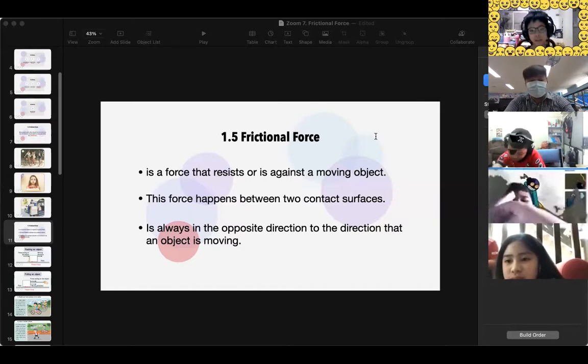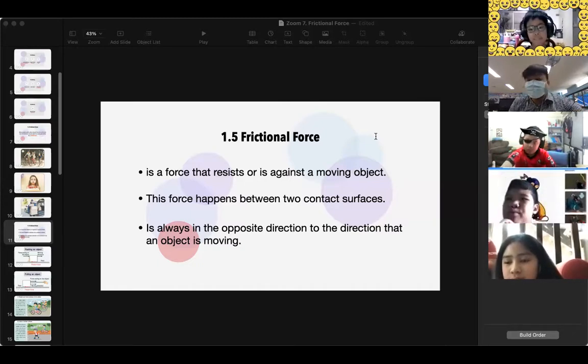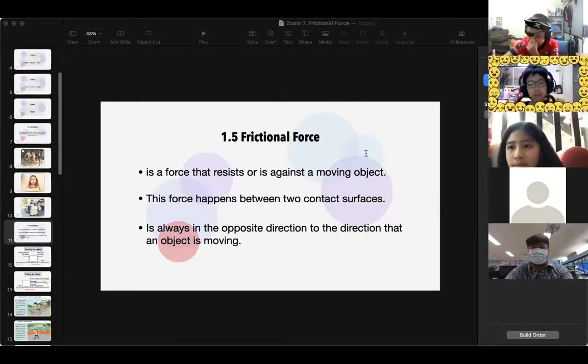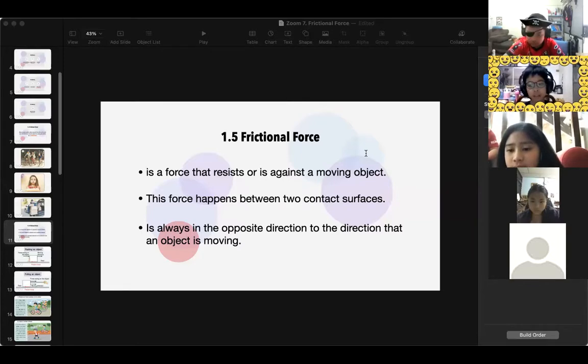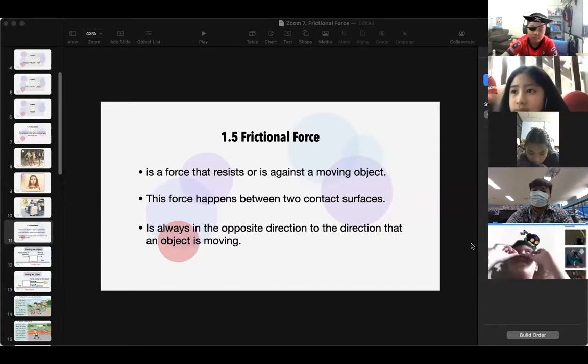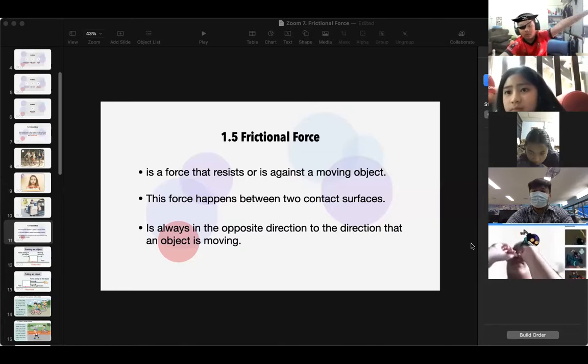What makes an object move slower? Something? High friction force. Thank you. What else? Anna? Heavy object. What else? Mick, do you have answer?